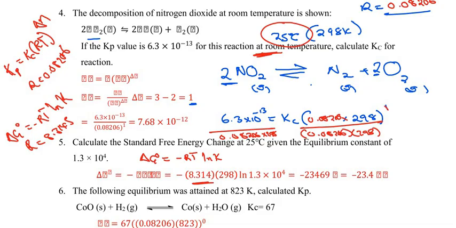So Gibbs free energy is what we are looking for. There's negative 8.3145. The temperature is 25, converted to kelvins, that's 298. Then ln is there on your calculator. Ln, the value you are given, open brackets, 1.3, 10 to the power 4. So let me just show you here.